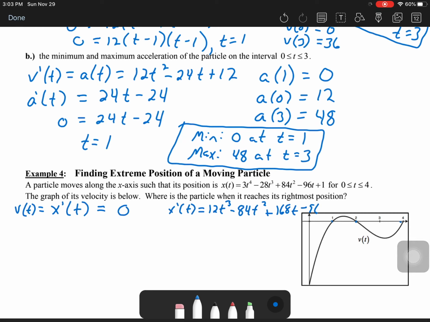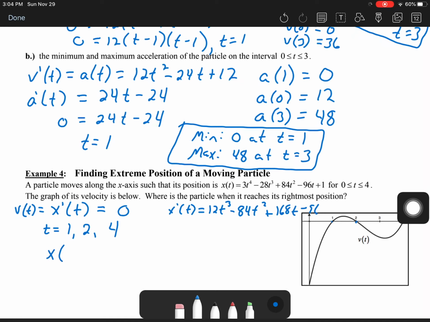Okay, so what we'd have here then for critical numbers of x of t would be, when we set x prime of t equal to 0, we would get those t values of 1, 2, and 4. Okay, so to find when the particle is at its rightmost position, we want to find the maximum value of this position function.